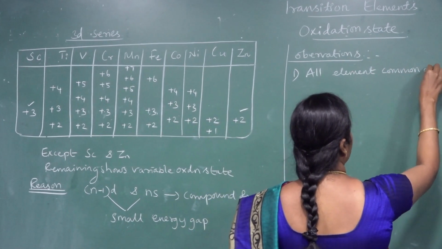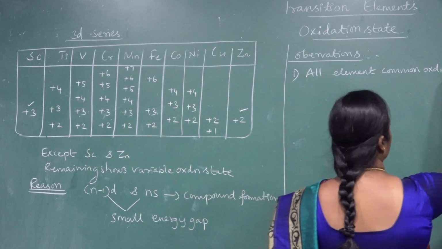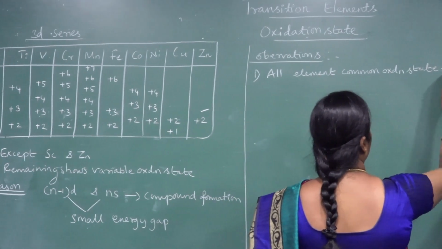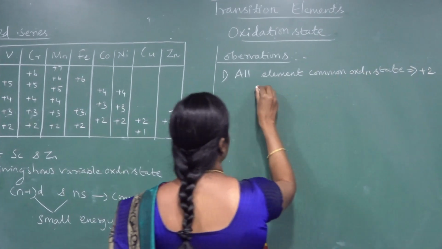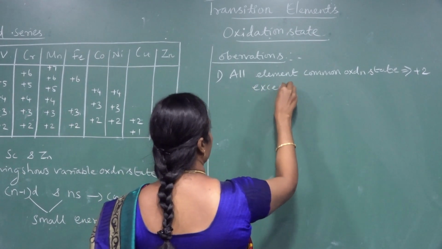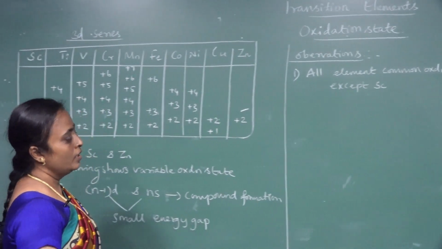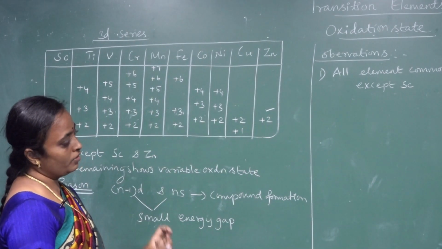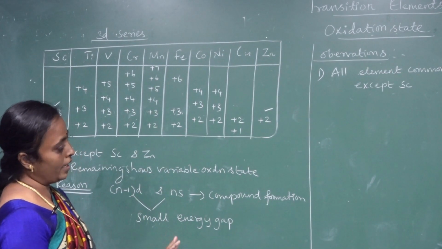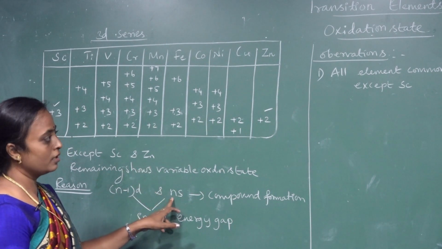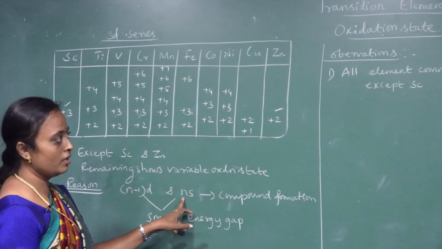This shows that we can eliminate electrons only from the ns orbital.